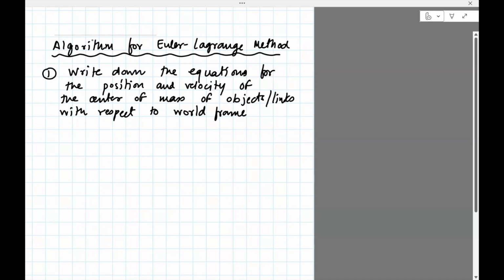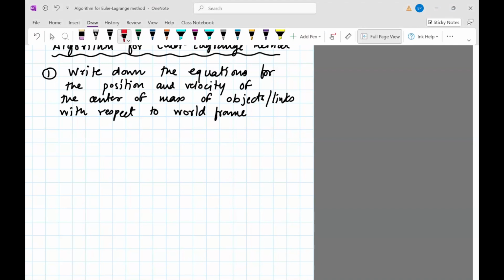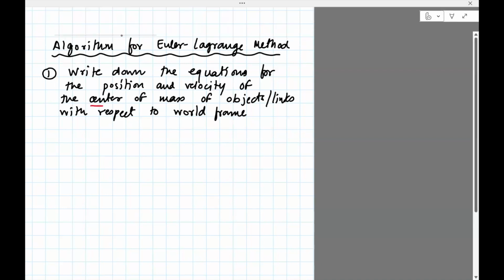So how do we do that? Well, we know the homogeneous transformation. For the center of mass, we'll use homogeneous transformation, and we've done it lots of times. This will be for positions.